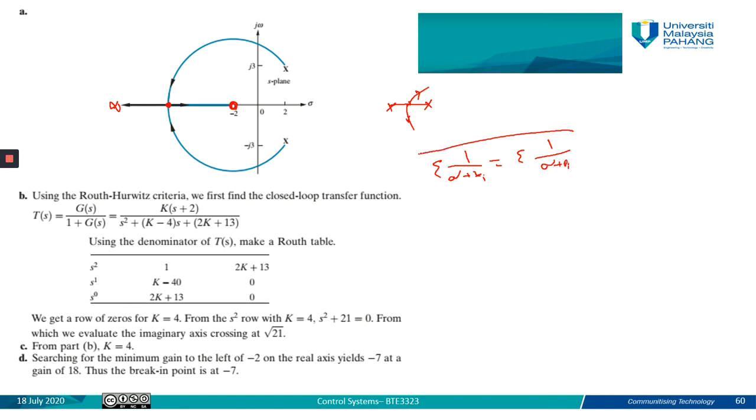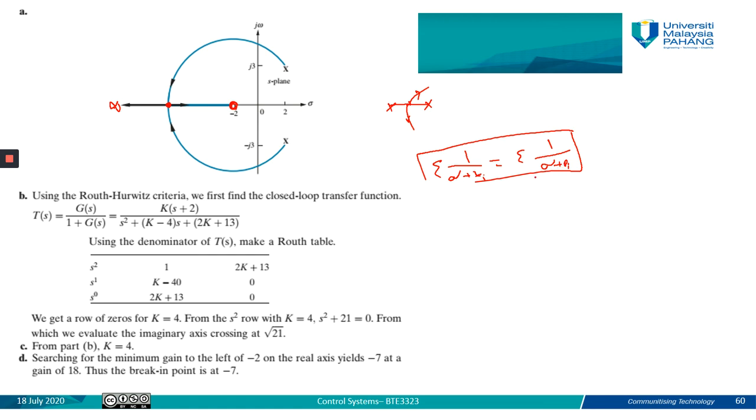Okay, so you have two methods in order to find the value of the break-in point. Because we have only one zero, and you have here two poles. Both poles are imaginary, so we don't want any imaginary value here.